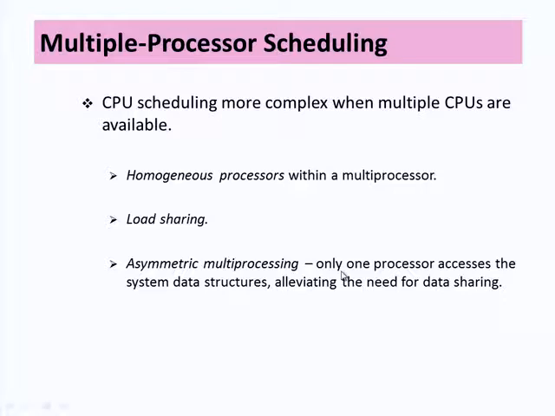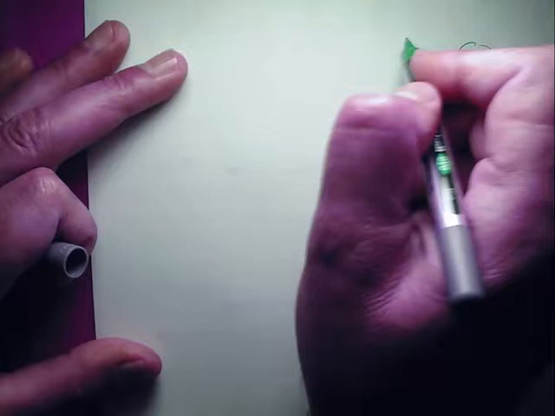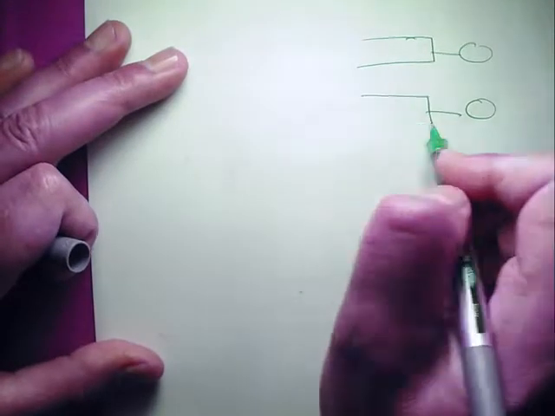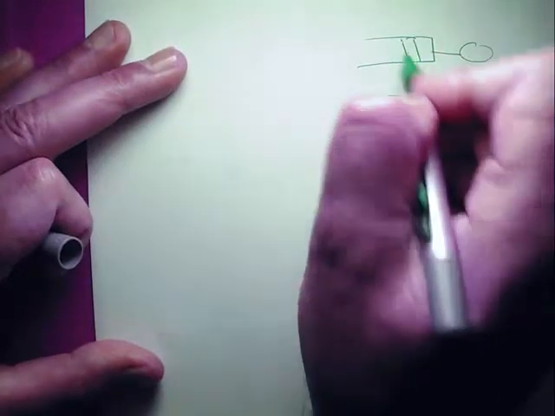But if I am to do that, then that might contradict with what we call load balancing, or load sharing. Assume that I have a processor with a particular queue, and another processor with another queue, and so on. Here I have given 1, 2, 3, 4.